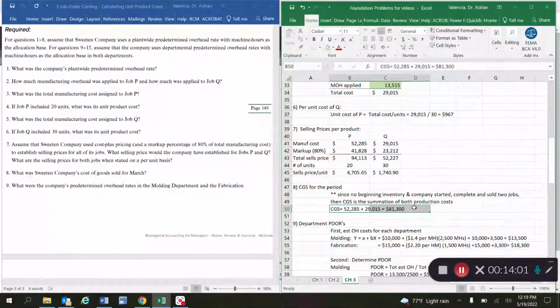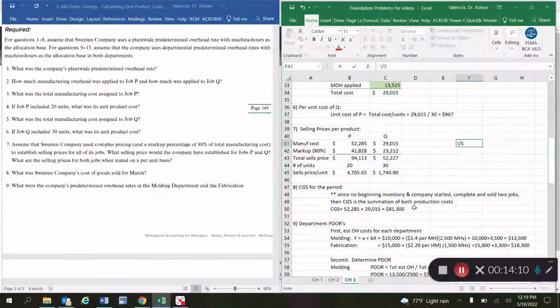So if you were doing your income statement at this point, you would have something that looks like this. We would have revenue or sales of the summation of these two. So I'm going to sum this one plus this one. So that will be our revenue. And then our cost of goods sold would equal 81,300.